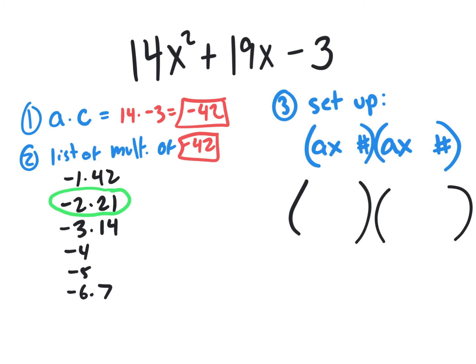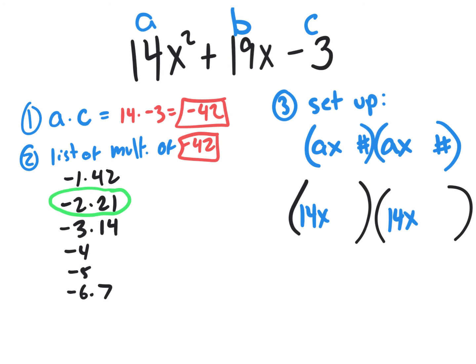What is A? A is 14, B is 19, C is negative 3. So I am going to put a 14 with an X right here and a 14 with an X right there. Now this is technically wrong because I know that 14x times 14x is not 14x squared. It's a huge number with an x squared, right? But that's what step 3 is.